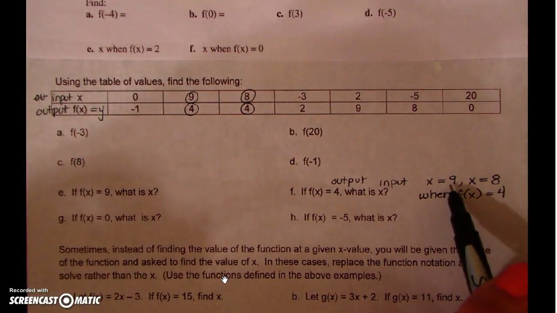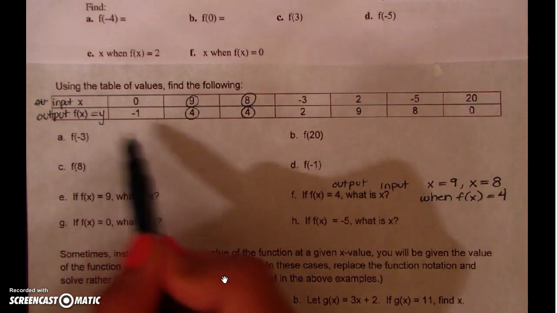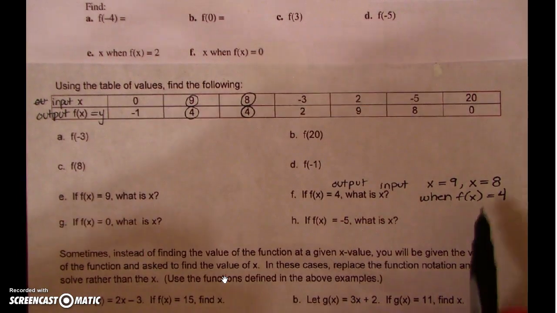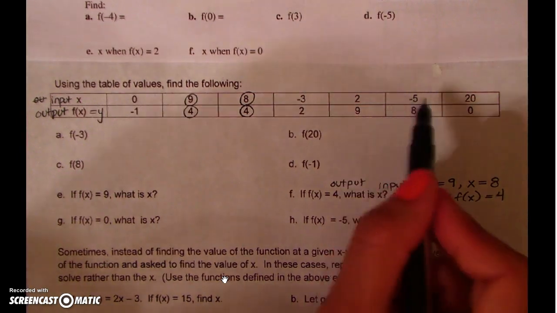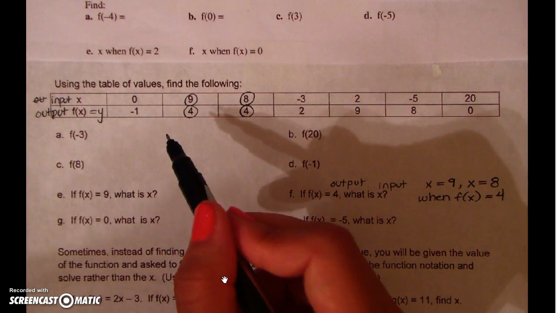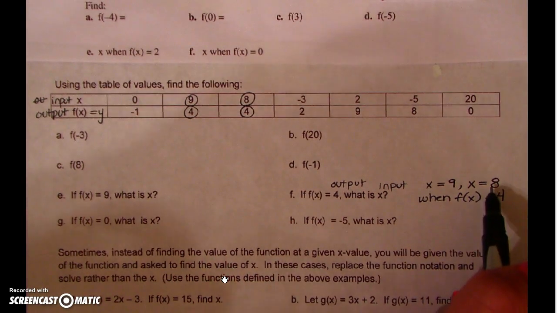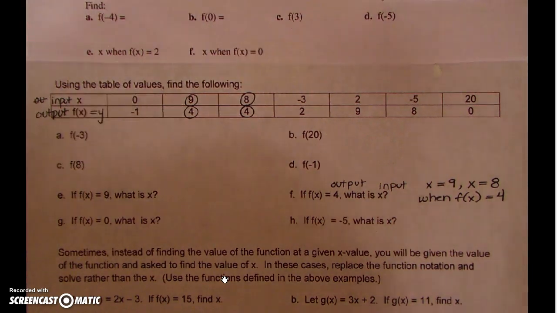When you input a 9 into this function, whatever it may be that got this table, you get an output of 4. When you input a value of 8 into your calculator, your output is still 4.